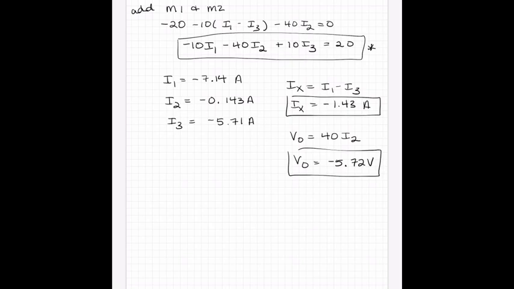Okay, so again, I encourage you to solve for power delivered by each source and absorbed by each resistor. Okay, I'm going to do one more example problem. Moving to a new page.